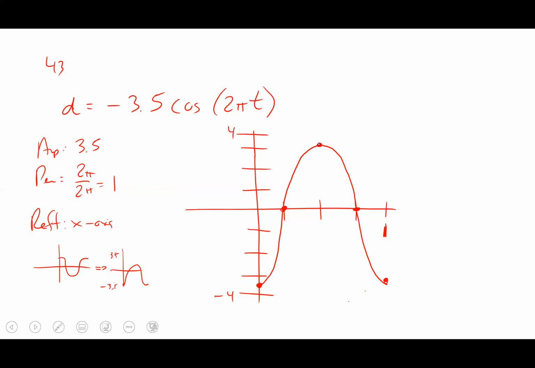What is the furthest distance of the mass from its equilibrium point? So that's A. What's the furthest distance? 3.5 centimeters. How long does it take for the mass to complete one oscillation? It's just like rephrasing the amplitude and period, which is what we do.